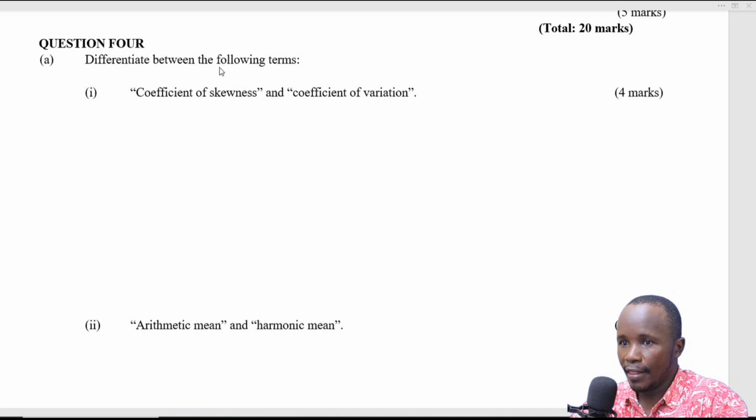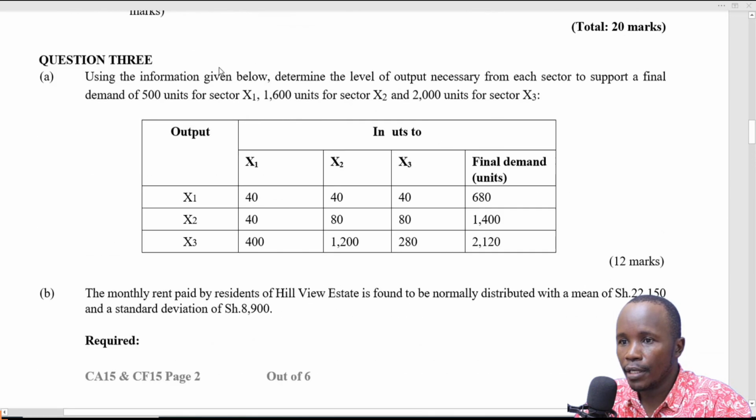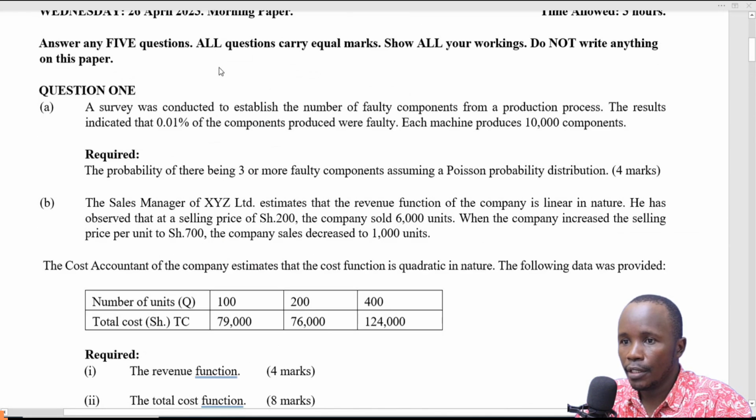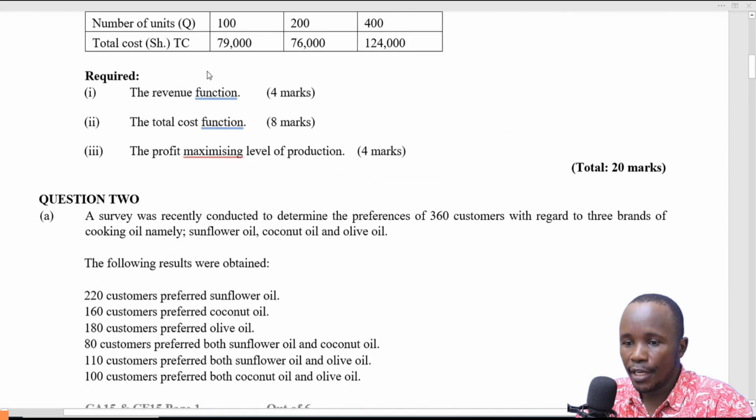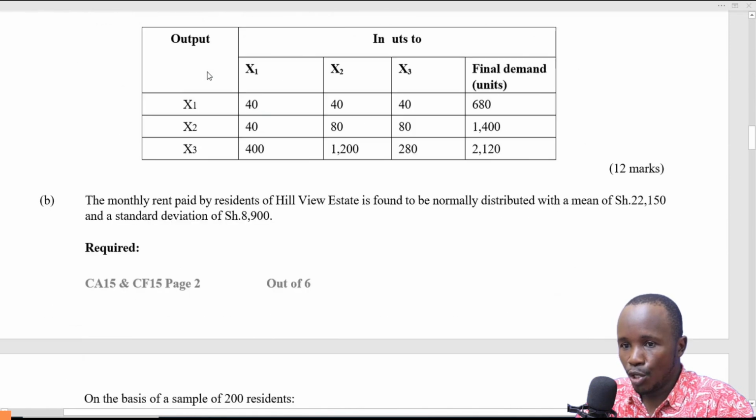Welcome to another lesson. In this lesson, we are going to look at a question that was tested in April 2023, question number 4.